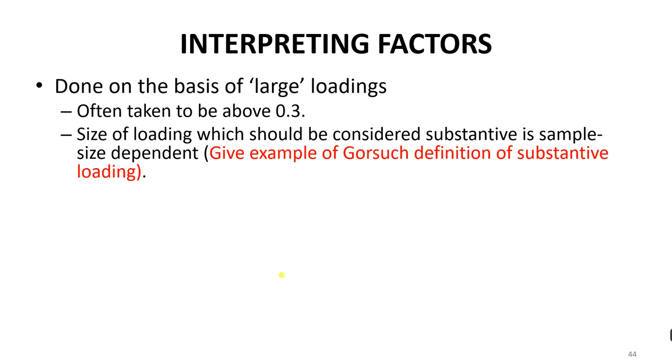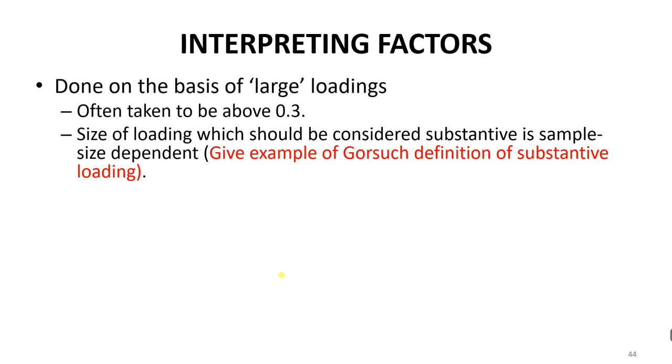But they also define a method of determining whether the factor loading is substantive or not. They say that you determine the size of the correlation which will be significant for the given sample size. Suppose 0.13 is significant for the sample size 100. Then you double that correlation.